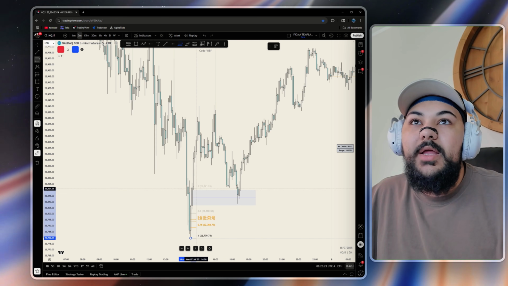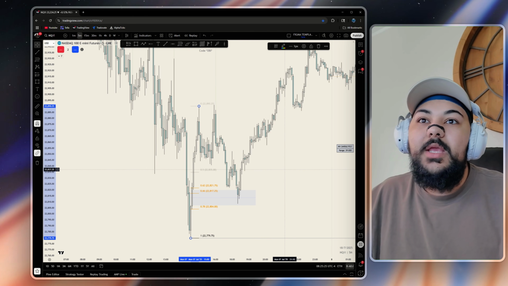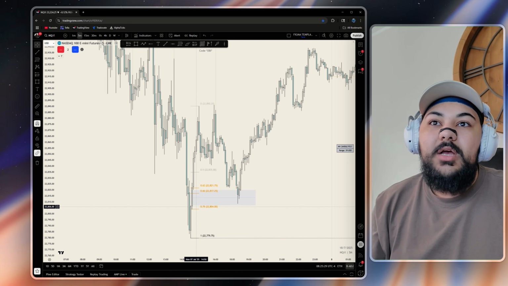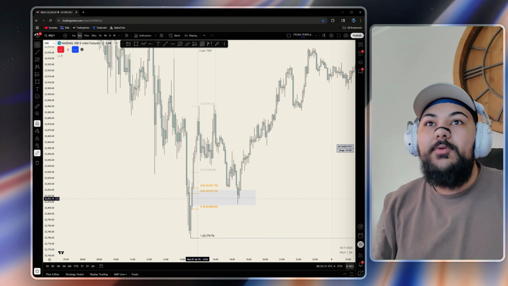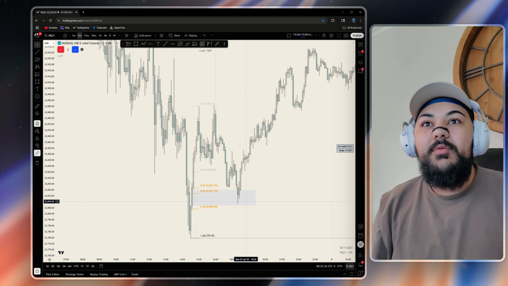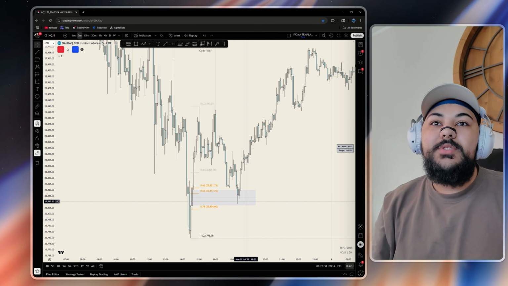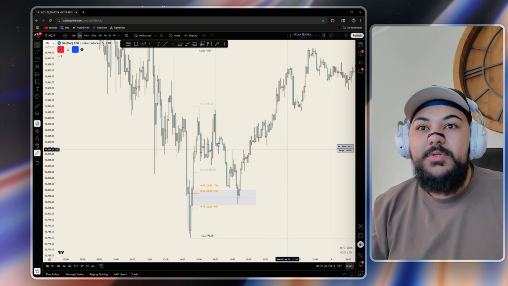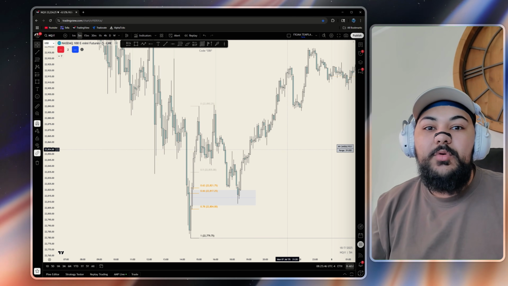Now, if you go from this leg here and draw out your OTE, you'll also see that it lines up with the OTE as well. So now we have the rejection block, we have a lower time frame PD array, and we have it lining up with the OTE of this leg. This to me would be a trade I would take heavier and have more confidence in.